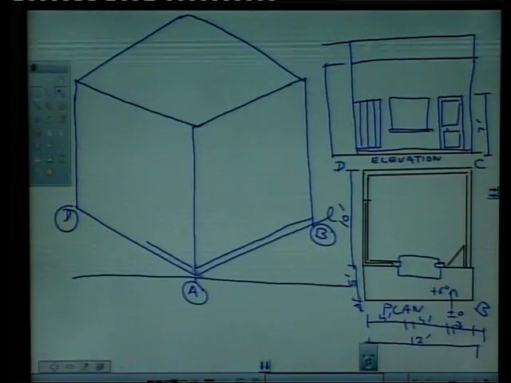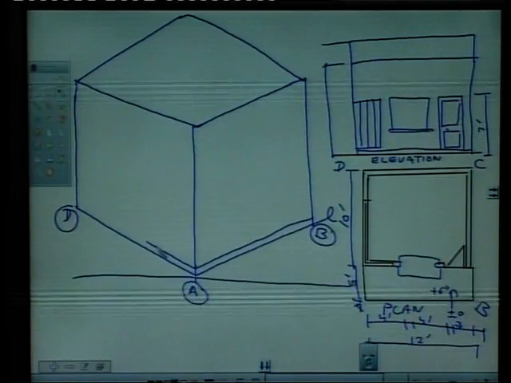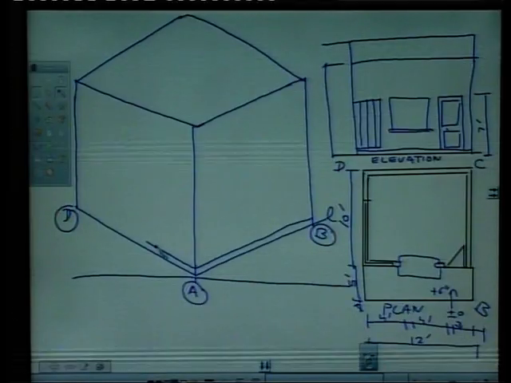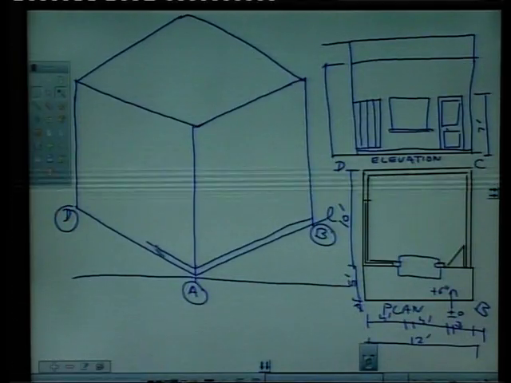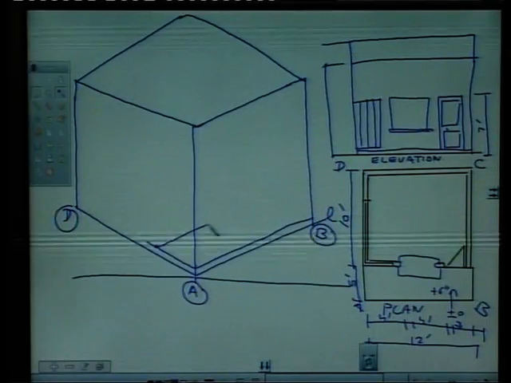So mark 5 feet here to the scale, say this is 5, and draw a parallel line like this at 30 degrees towards the right.